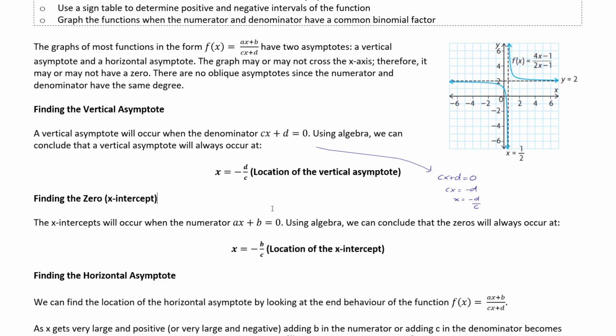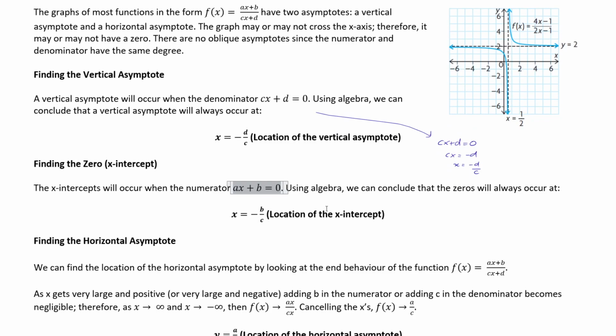Finding the zeros, the x-intercepts: because this is a fraction, and this is something that I've said a number of times this unit, a fraction can only be equal to 0 if the numerator is equal to 0. So the zeros, or the x-intercepts, will only occur when the numerator ax plus b is equal to 0.